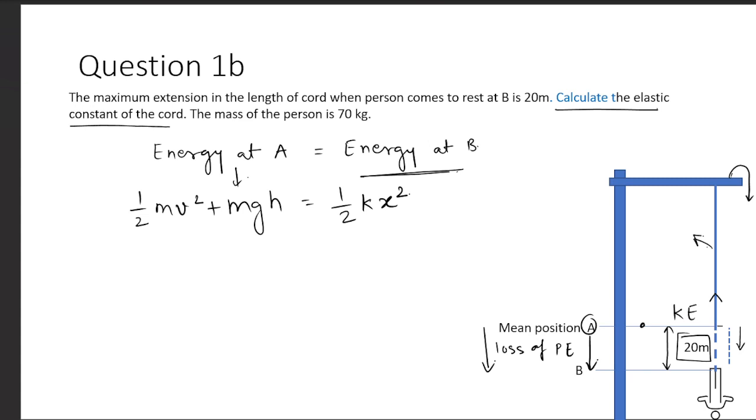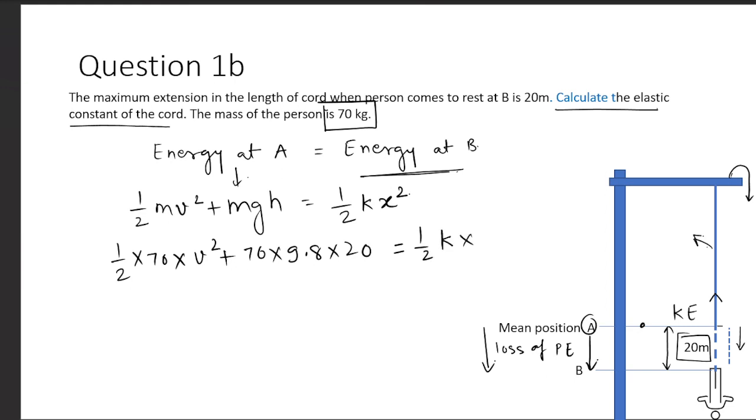Now substitute the values, and the mass of the person is given to you, it's 70 kg. So 1 by 2 into 70 into v square plus 70 into 9.8 into 20 is equal to 1 by 2 k into x is 20 square here.